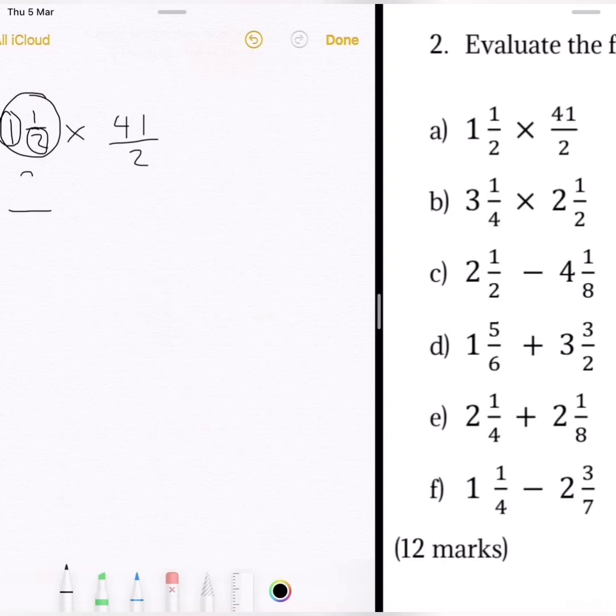So we've now got 3/2 times 4 1/2. And then what we can simply just do is times top times the bottom. So 3 times 41 is 123, because if we're thinking 3 times 4 is 12, and then 3 times 1 is 3. That's just a bit of a mental maths way of doing it. And then 2 times 2 is 4.